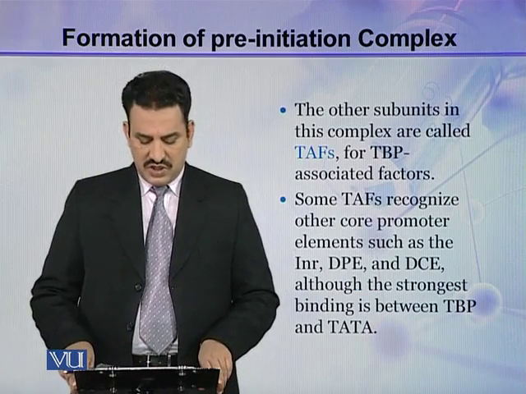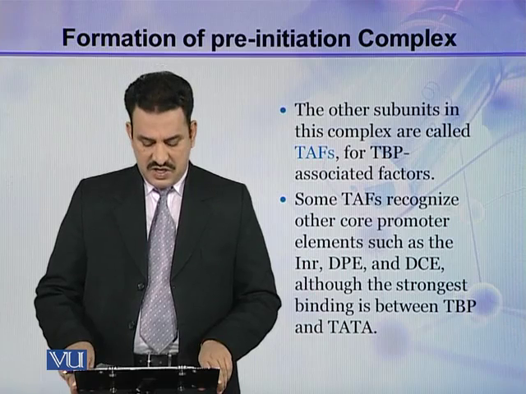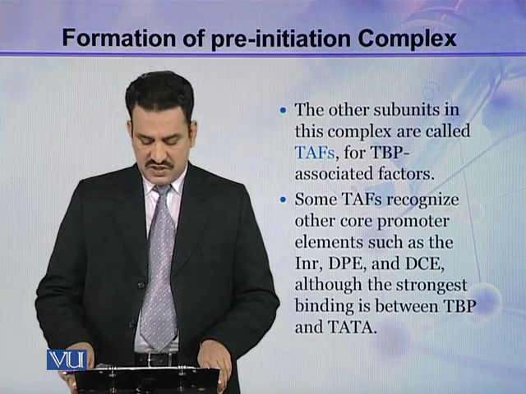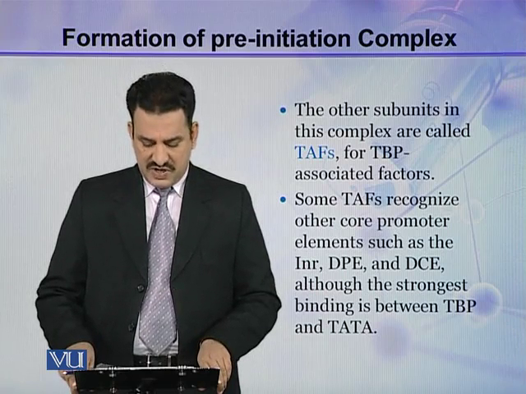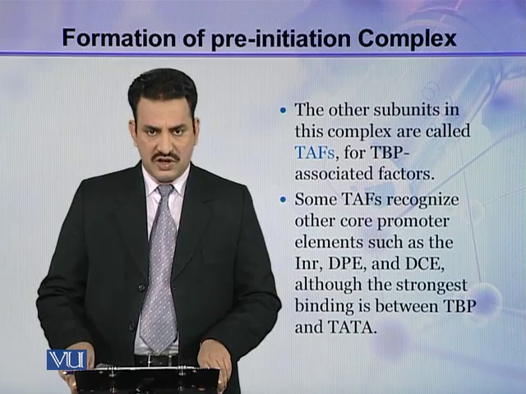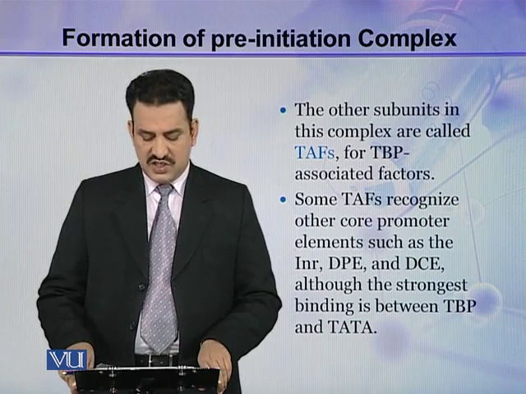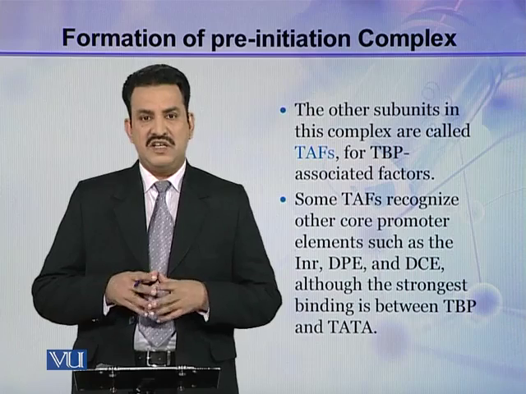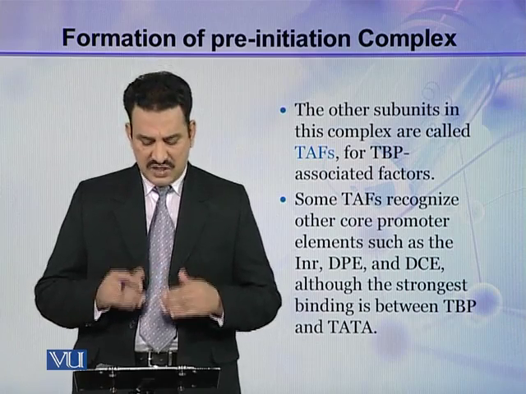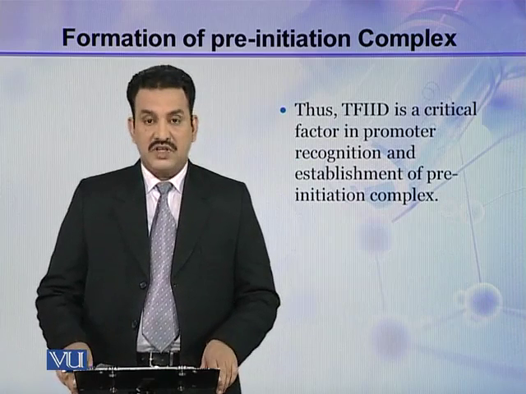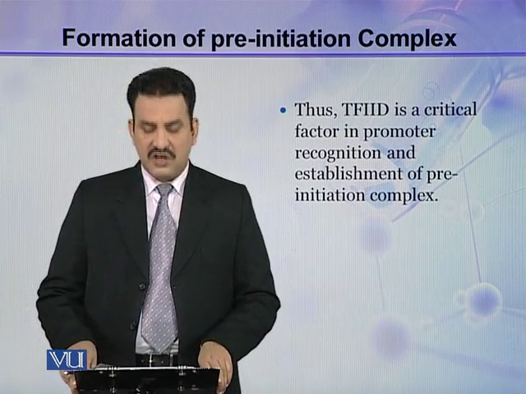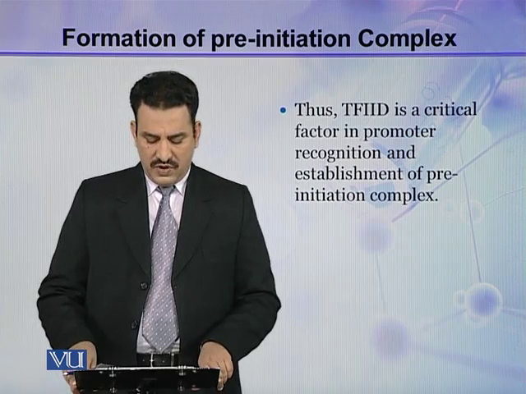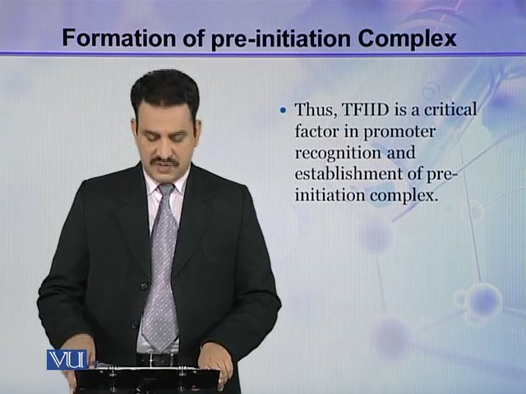The other subunits in this complex are TAFs, for TBP associated factors. Some TAFs recognize other core promoter elements such as initiator, INR, DPE and DCE, although the strongest binding is between TBP and the TATA, that is, TATA binding protein and TATA. Thus, TFIID is a critical factor in promoter recognition and establishment of the pre-initiation complex.